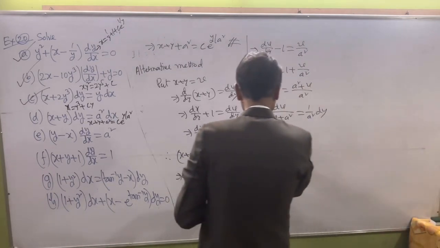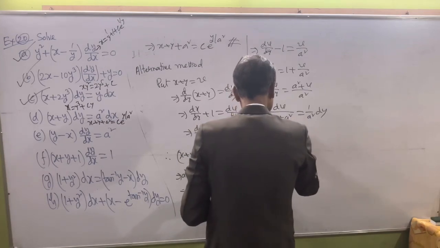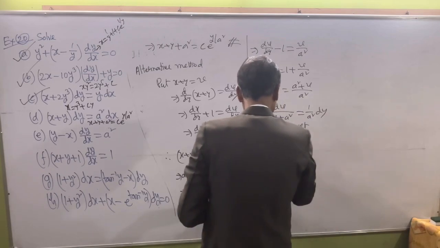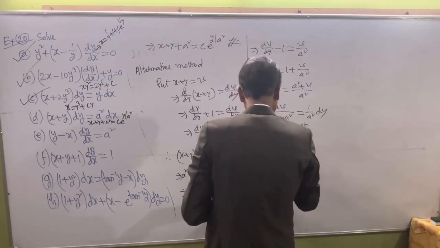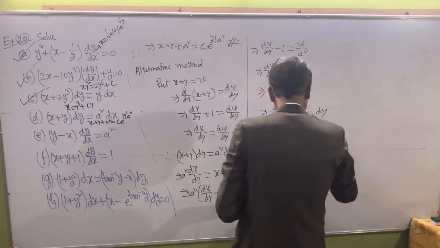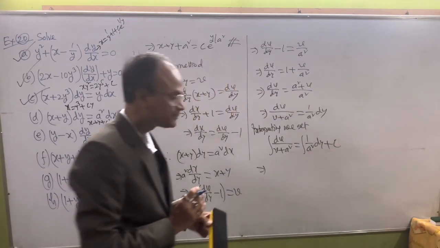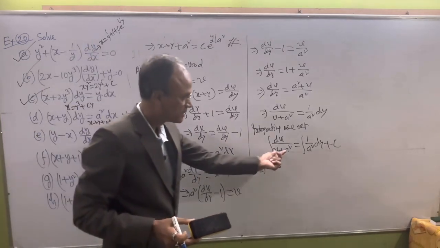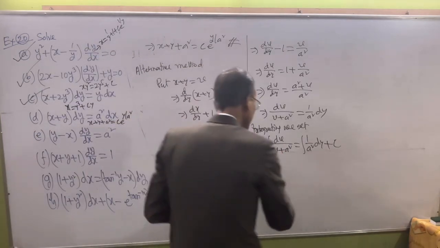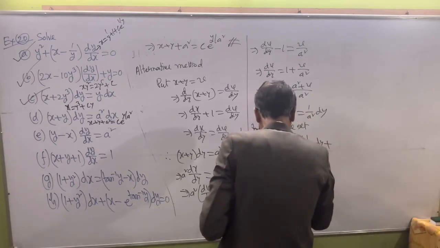A square dy. Integrating we get integration dv by v plus a square equal to 1 by a square dy plus c. This means it is definitely log of v plus a square.